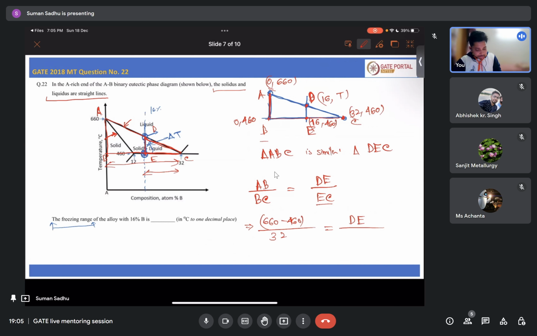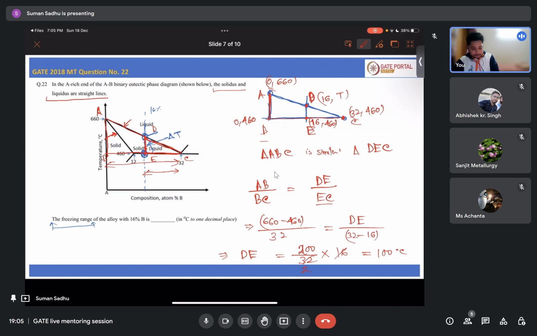What is this length? It is 32 minus 16, right? Now you can calculate DE is equal to 200 by 32 into 16. It will be divided by 2, that will be 100. So what is the length of DE? DE is 100 degrees centigrade.